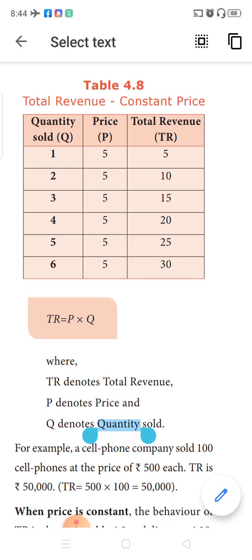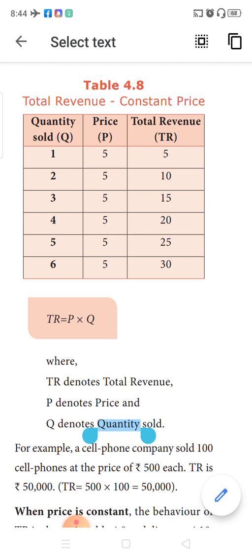When you sell 1 unit at 5 rupees, you get 5. When you sell 2 units at 5 rupees each, you get 10. So total revenue is quantity Q into price. When you sell 6 commodities at 5 rupees each, your total revenue is 30 rupees, 6 into 5. So the last column represents total revenue.